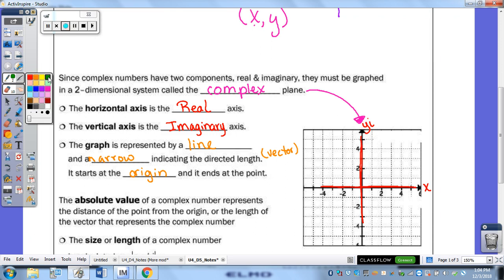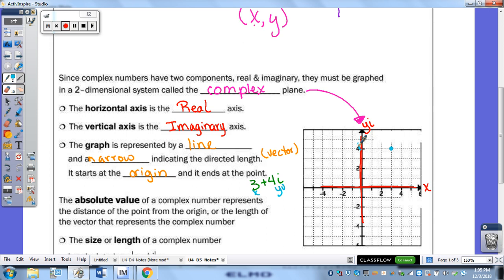So let's say, for example, I had the complex number 3 plus 4i. As we were saying, this is your x, this is your yi. On x, you would go over to 3, and then on your y's, you'd go up to 4, because it's 4i.